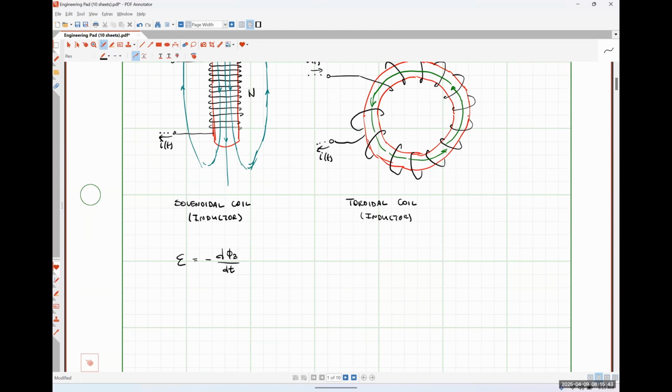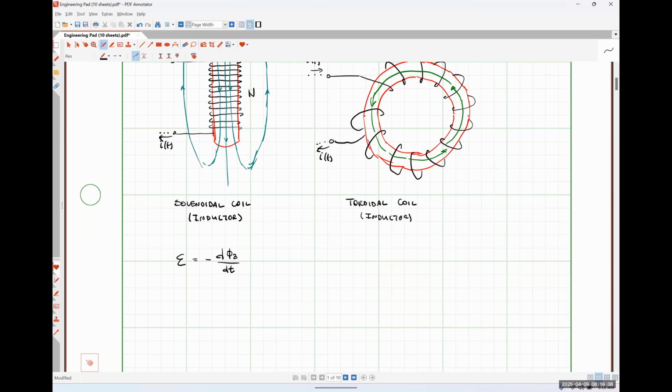But for the intents and purposes of electrical engineers, that's all an EMF is. It's just a voltage. So essentially, if I have a time-varying flux, I should observe a time-varying voltage across the terminals of my inductor.